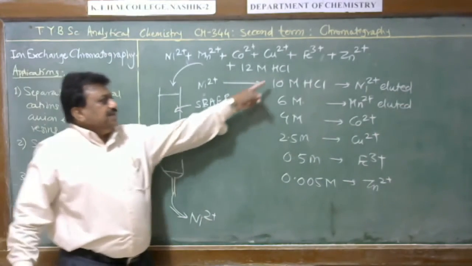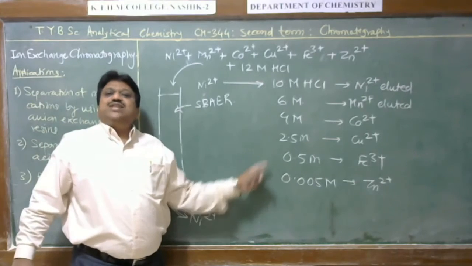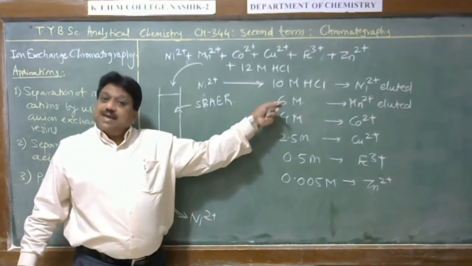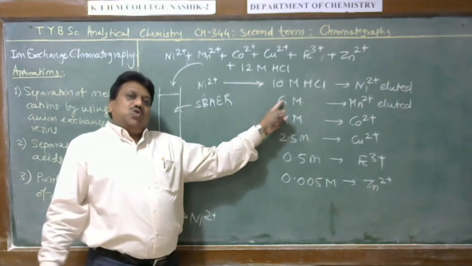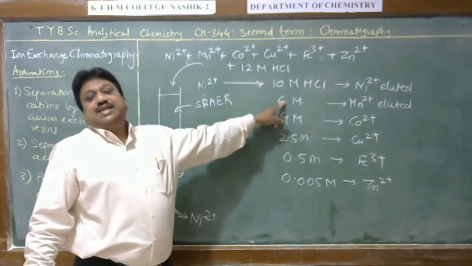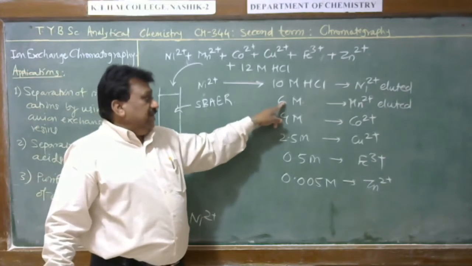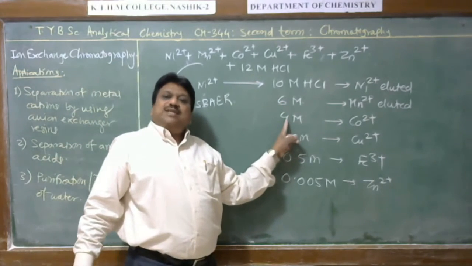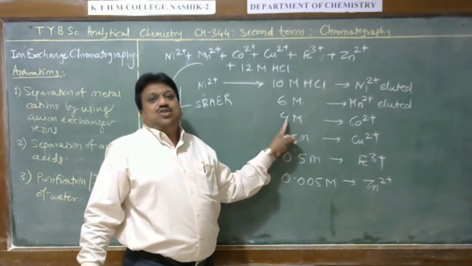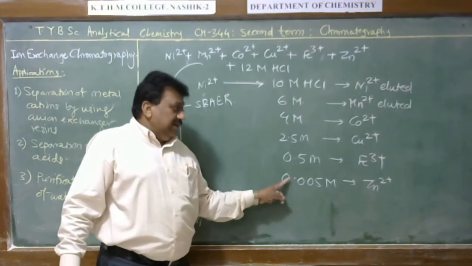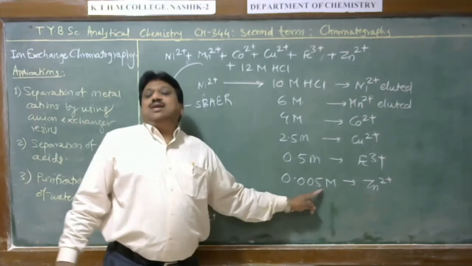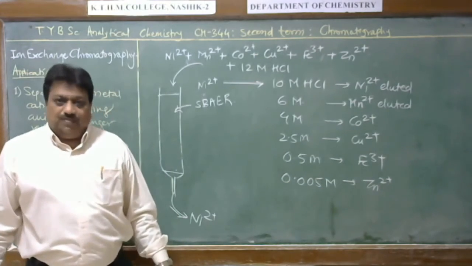That means this is the concentration at which these chloro complexes are stable. Manganese will form its chloro complex when the concentration is greater than 6 molar. Cobalt will form its chloro complex when the concentration of hydrochloric acid is greater than 4 molar. And at the lowest concentration, zinc will form the chloro complex.